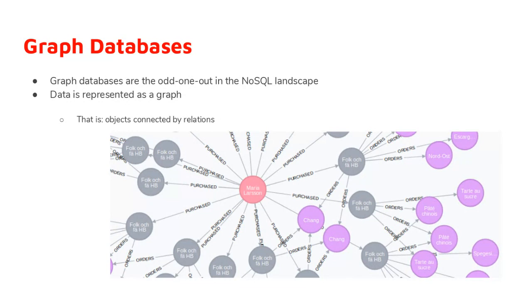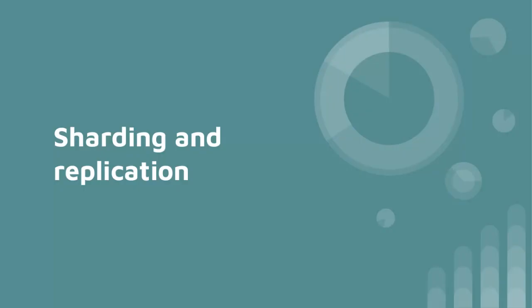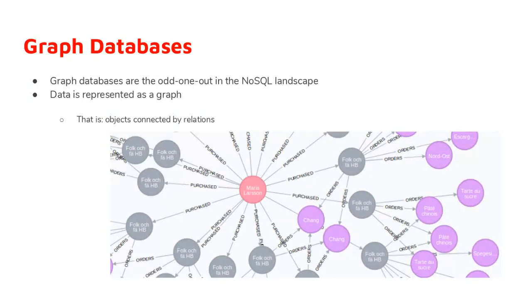Every node is really an instance of one user with a number of properties and then linked to other users using different relations. So it's a little bit special, graph databases. Okay, that concludes the overview of different NoSQL systems.